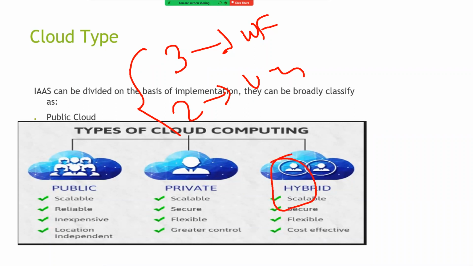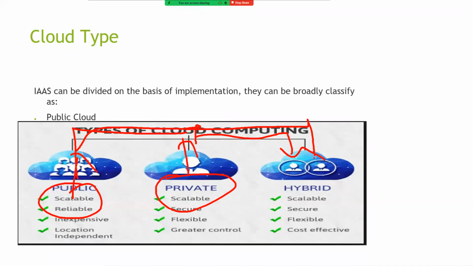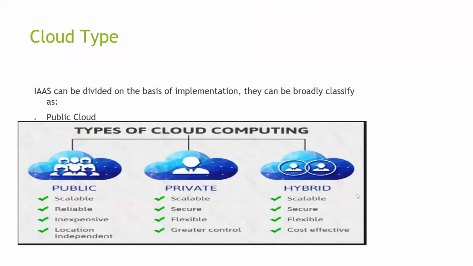Same way, here hybrid means the combination of public plus private cloud. A few applications run in public and a few run in private. If you establish communication between these two, we call it hybrid cloud. Simply, hybrid cloud is the combination of public and private cloud.